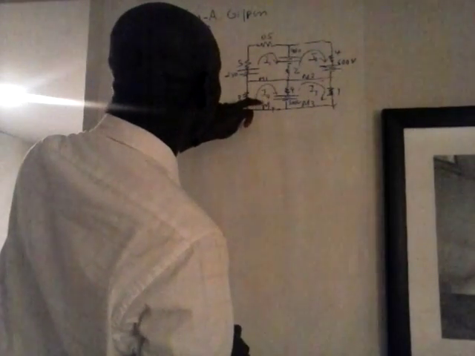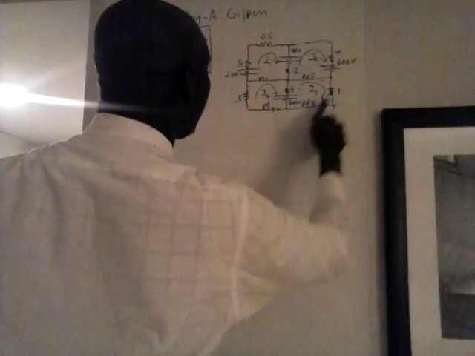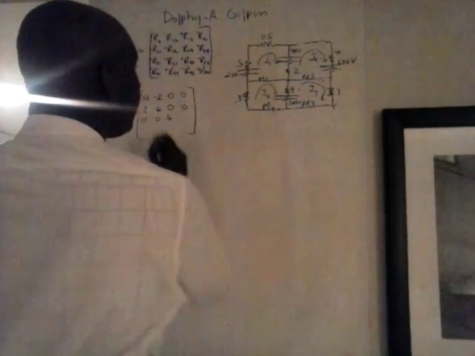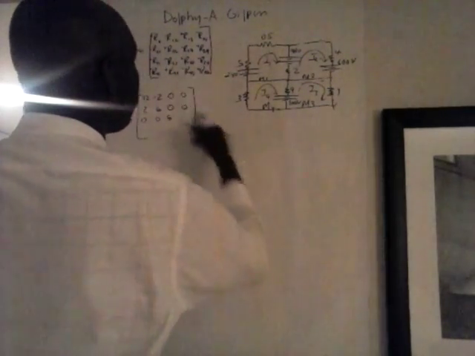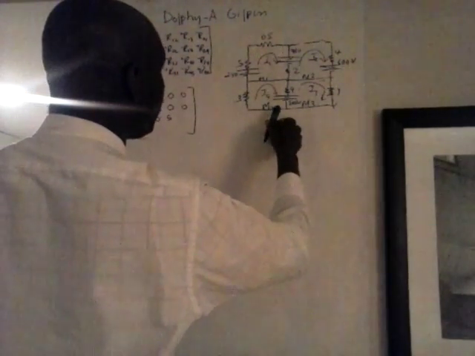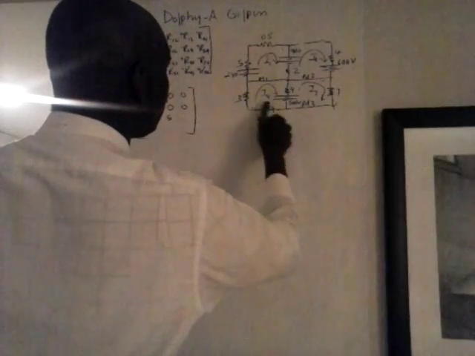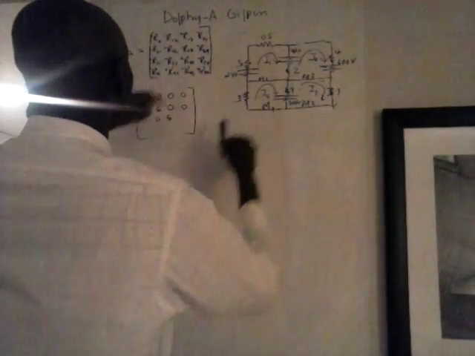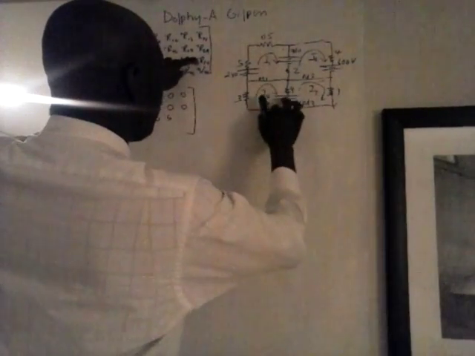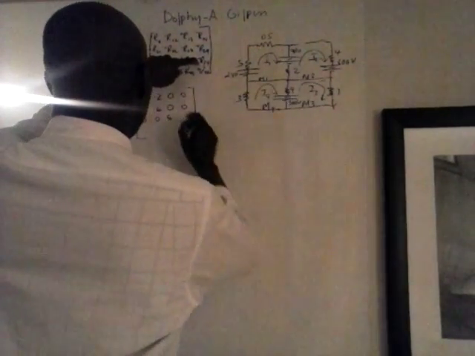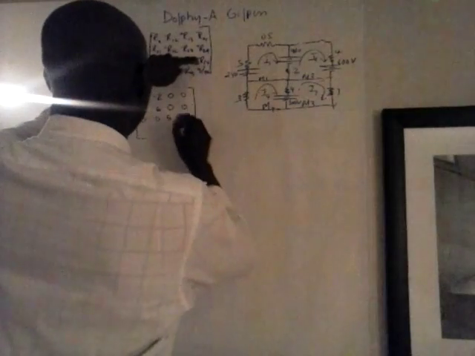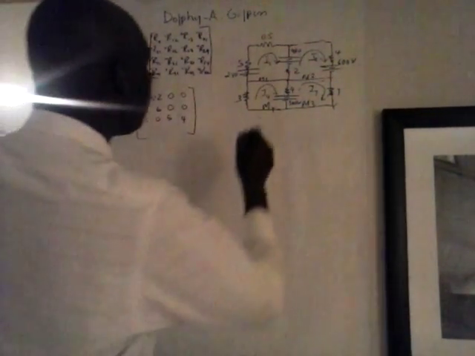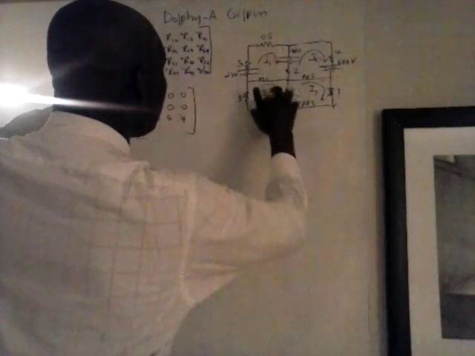R33, 1 and 4, that will be 5. And R34 should be 3 and 4. This is the mutual thing here, which is 4. 3 and 4 is negative, and by right the mutual resistance takes on a negative, so that will be minus 4. R41, 4 and 1, there's nothing common.